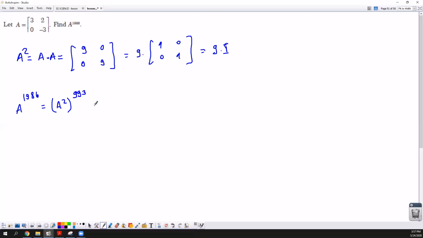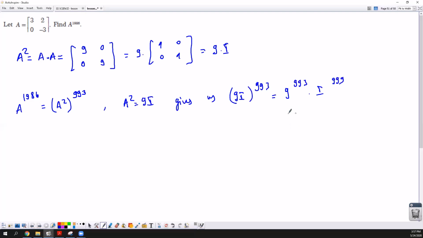Substituting A squared equal to 9I gives us 9I to the power of 993, which is 9 to the power of 993 times I to the power of 993.